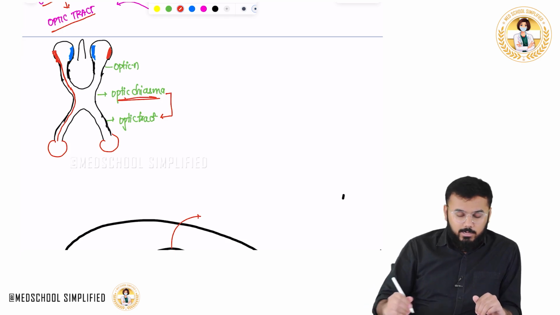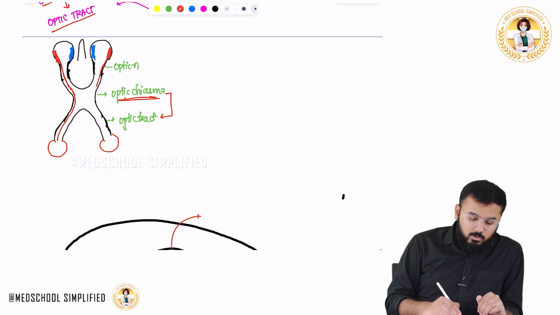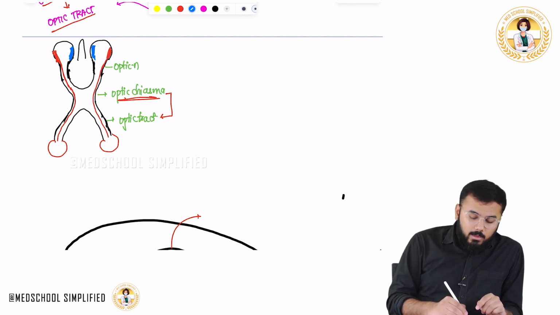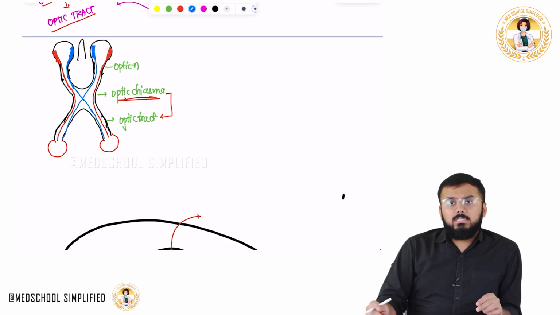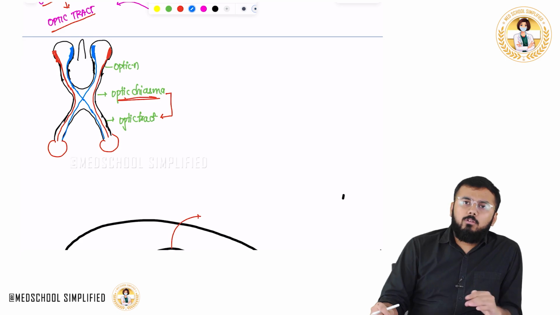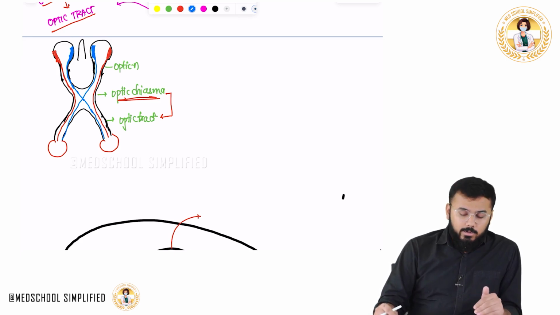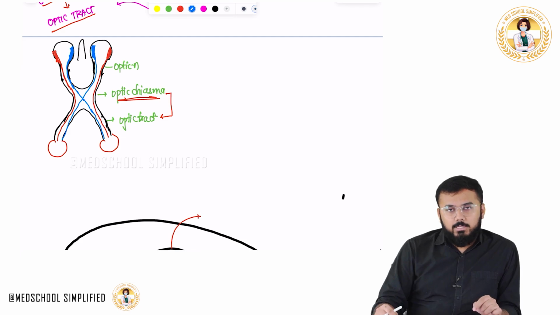They are present on the same side. Even on the left side, they are present on the same side. But if you look at the fibers from the medial part of the retina, the fibers are coming like this and they are decussating onto the opposite side. So tell me, is this decussation complete, with all fibers, the red and blue, crossing over? No. Only the blue one is crossing over and the red one is ipsilateral, right? So that is why I called it partial decussation.